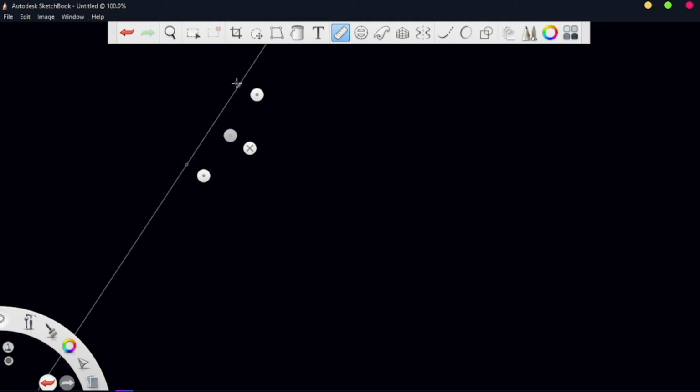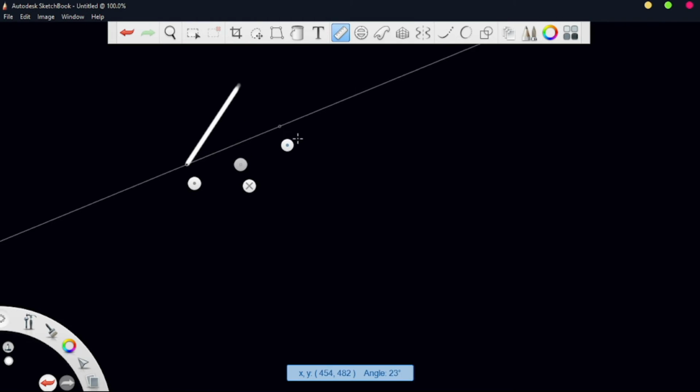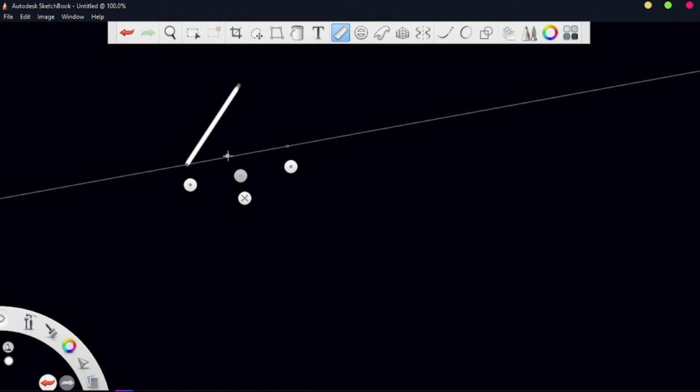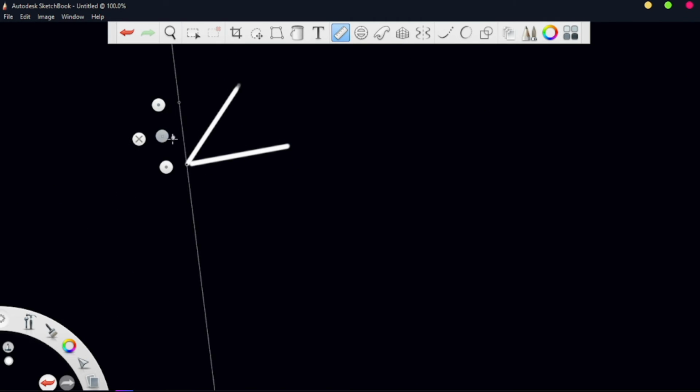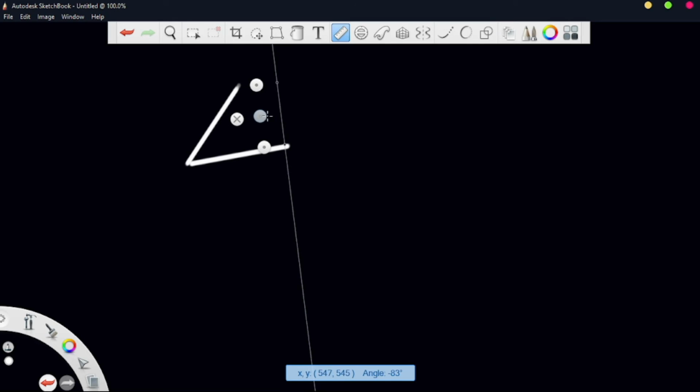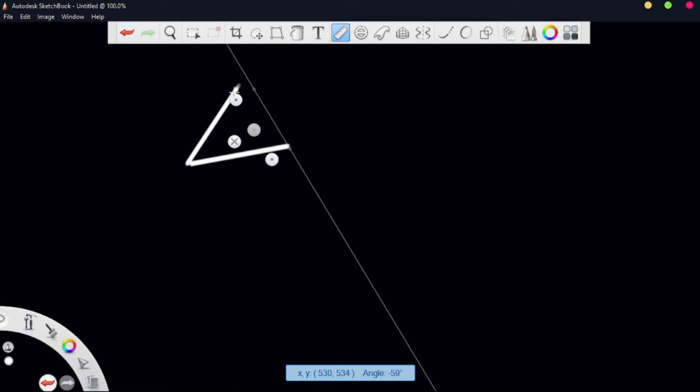So let's say we have a triangle, and then let's say it bends here, and this comes aside, this moves somewhere here, this comes like this.